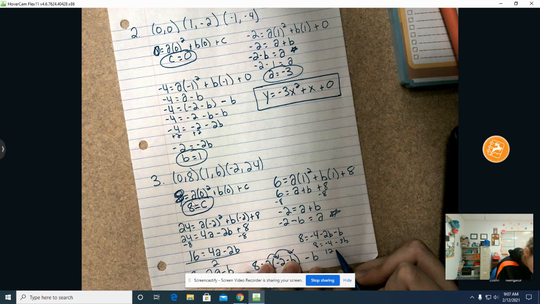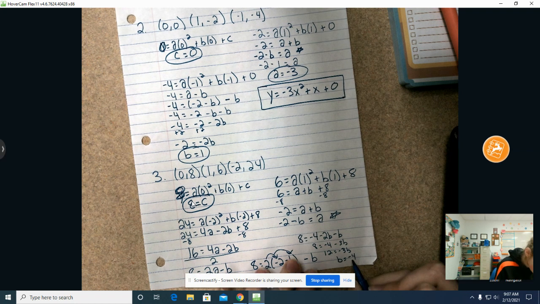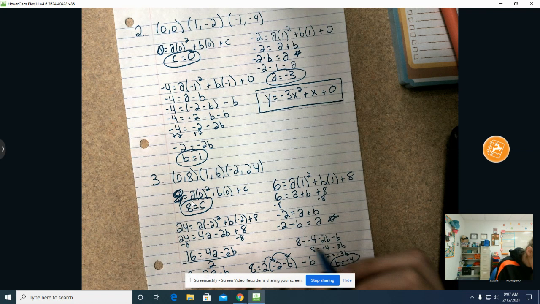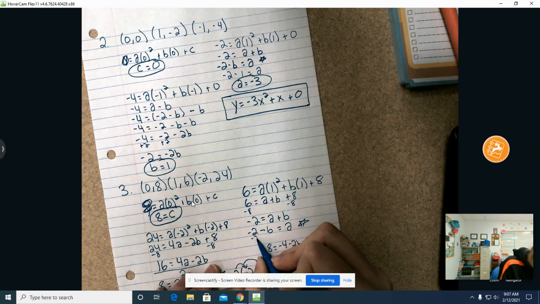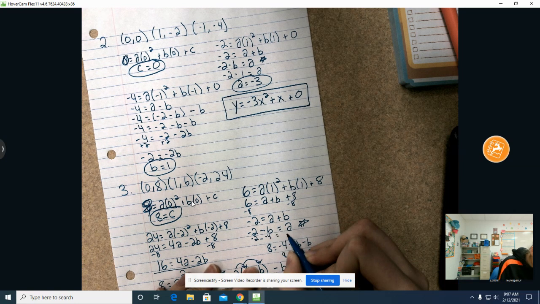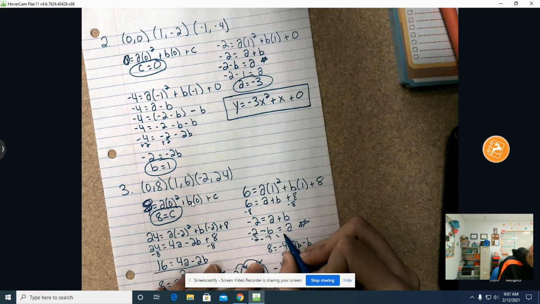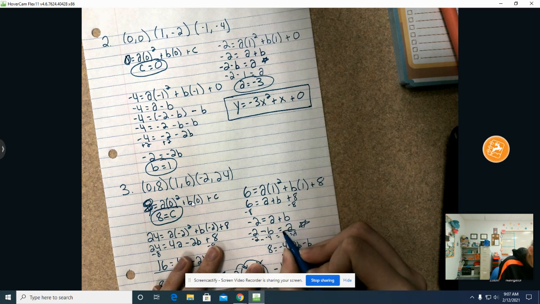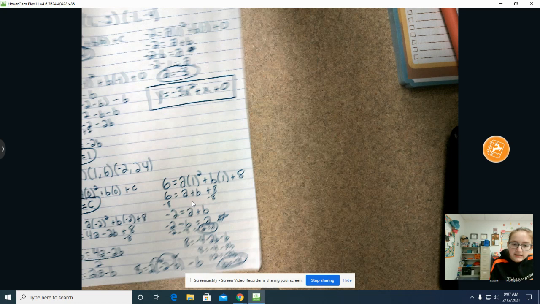Add my 4 over. So b is going to equal -4. So b equals -4. I'm going to plug that in up here. -2 minus -4 is going to give me a positive 2. So a equals 2. Sorry, I'm running out of room and this is very messy.